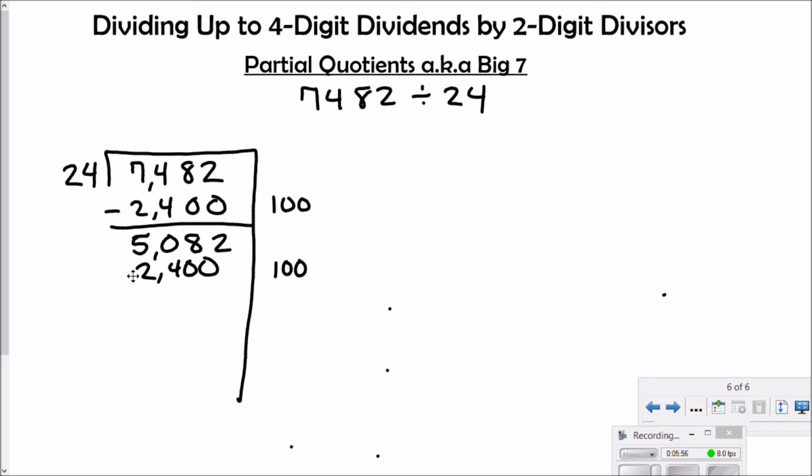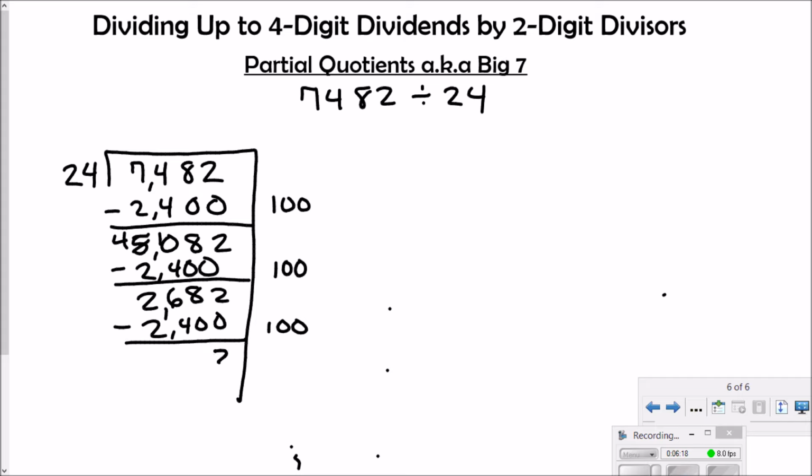So 5,082 minus 2,400 gives me 2,682. Well, I can still take out another group of 2,400, and then I'm left with 282.